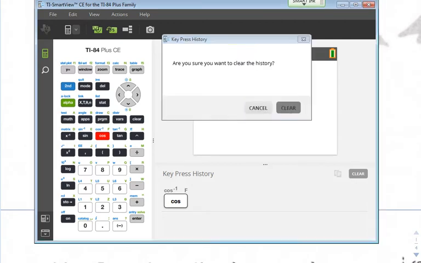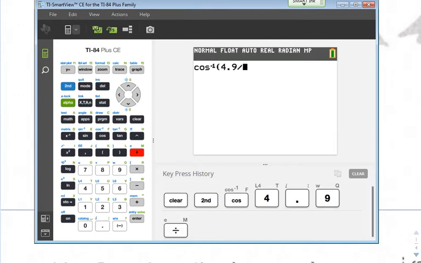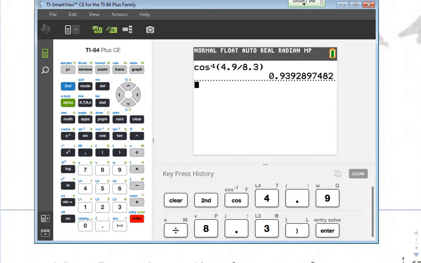So when I want that -1, I'm going to hit second cosine. If I do that, then I get that -1 that I want. So when I do that, I can find the inverse. So I do 4.9 divided by 8.3. When I do that, I hit enter.